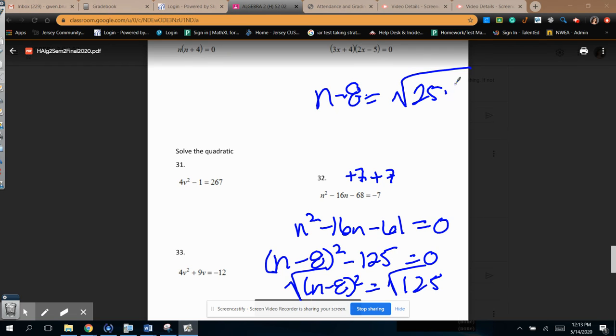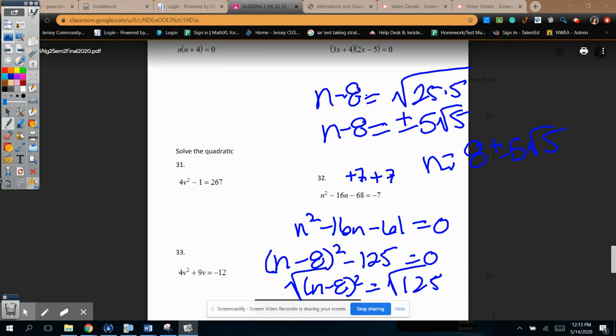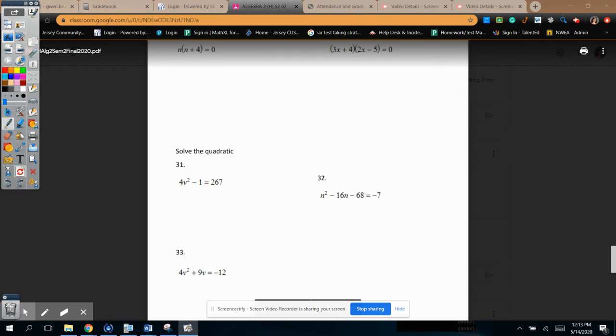What's that? 25 times 5, which is 5 root 5. n minus 8 equals plus or minus 5 root 5. And then add the 8. I'm sorry. n is 8 plus or minus 5 square root of 5. You would have had tons of practice on this, though, if it was the real final. That's nice to go back over it.